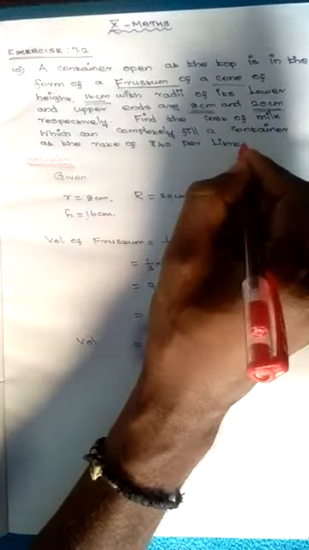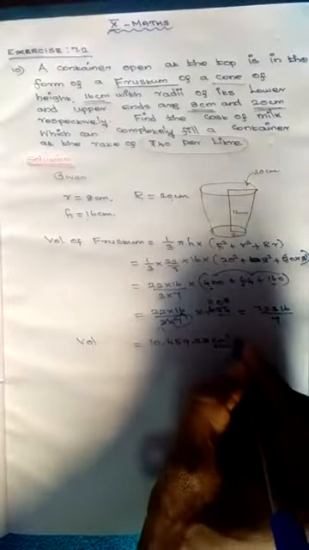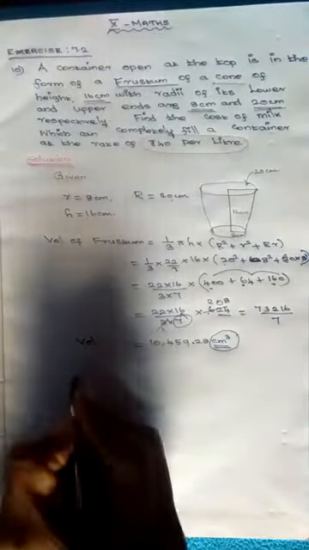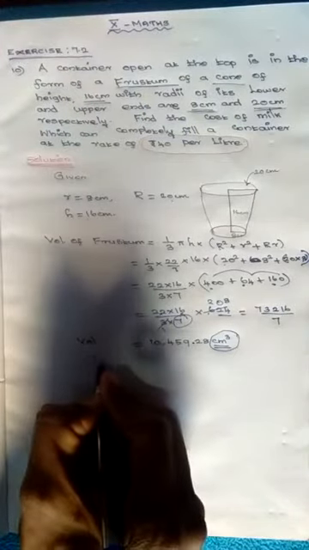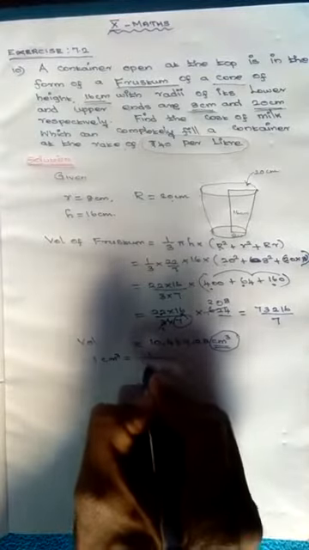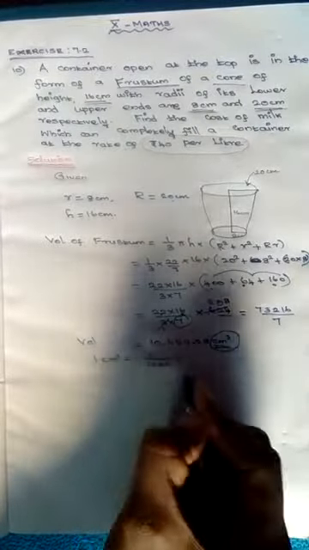But here the rate is rupees 40 per liter, so we convert centimeter cube into liter. 1 centimeter cube equals 1 by 1000 liter.